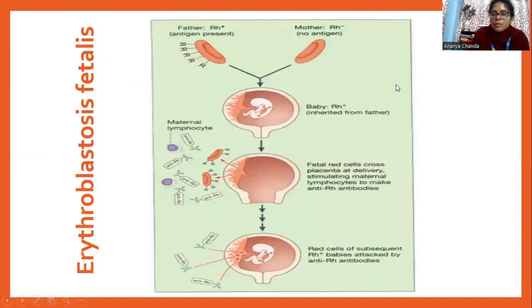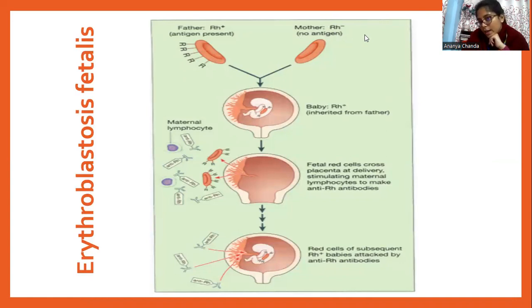Then comes the most important part, erythroblastosis fetalis. So what happens in erythroblastosis fetalis? Suppose the father is Rh positive, that is, the antigen is present, right? And the mother is Rh negative.